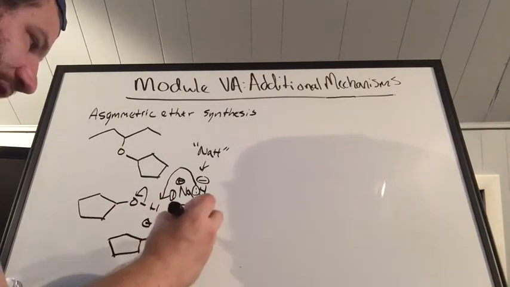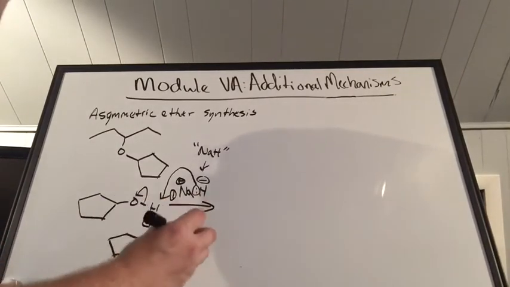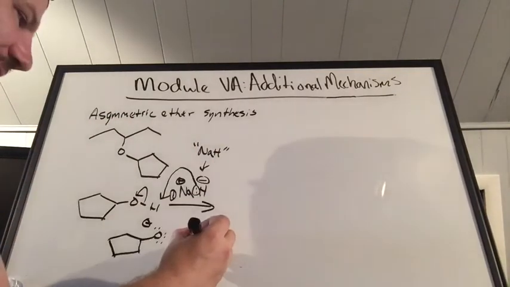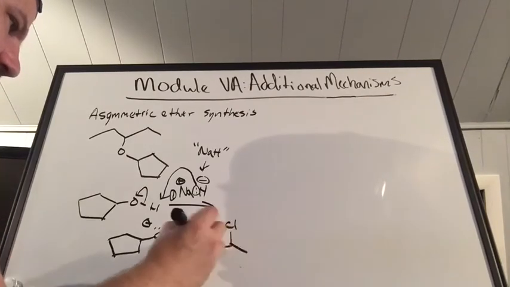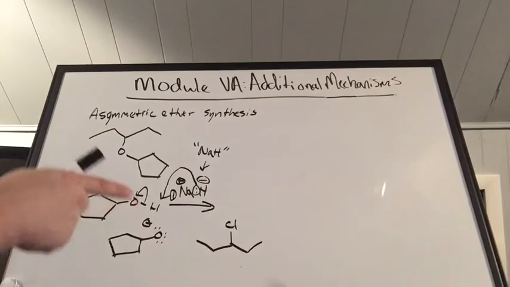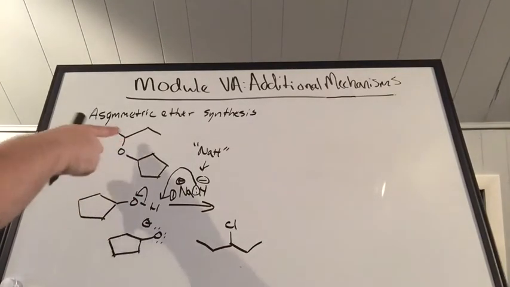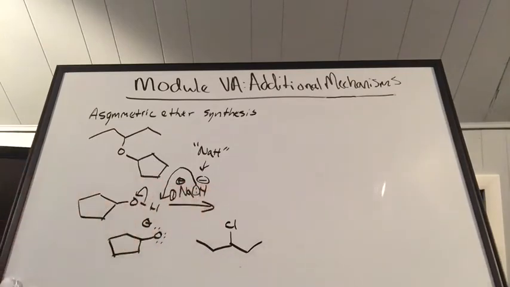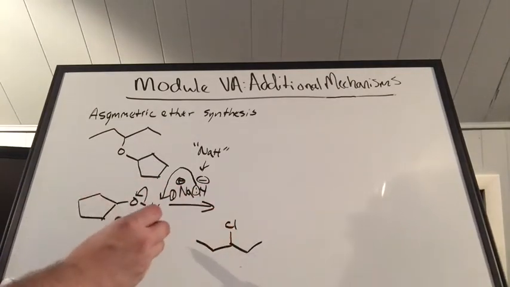So now we have this alkoxide anion, and imagine just the disconnection here where you have a chloro group, so in other words something to tug electron density away from this carbon.